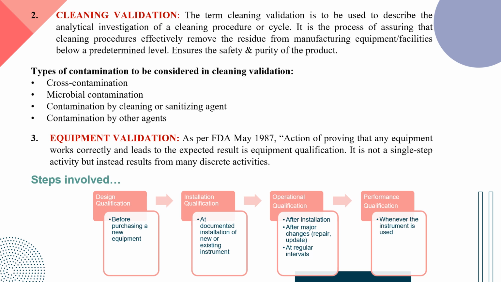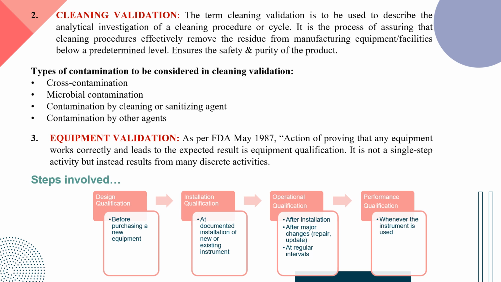The second type of validation is the cleaning validation. As mentioned by its name, the cleaning validation is used to describe the analytical investigation of the cleaning procedure, whether the equipment or the facility is properly and effectively cleaned or not, whether the residual of the manufactured product is cleaned below the predetermined level or not.